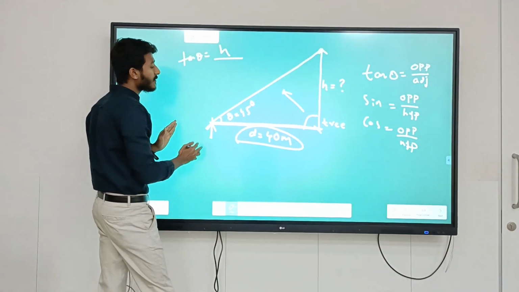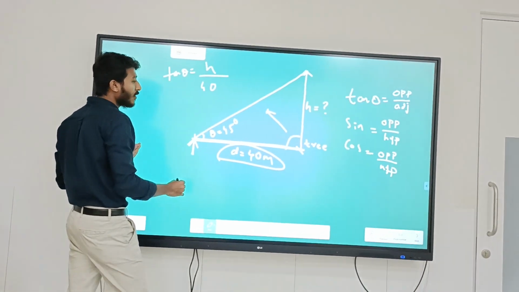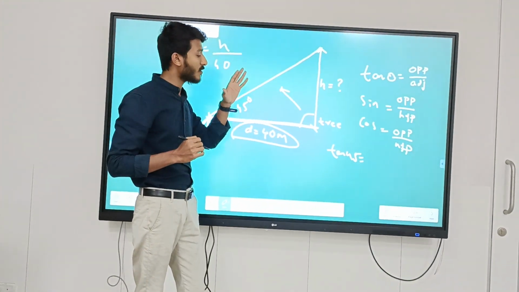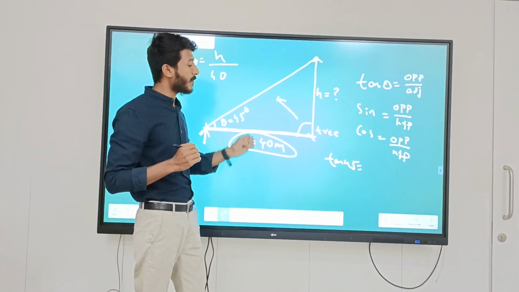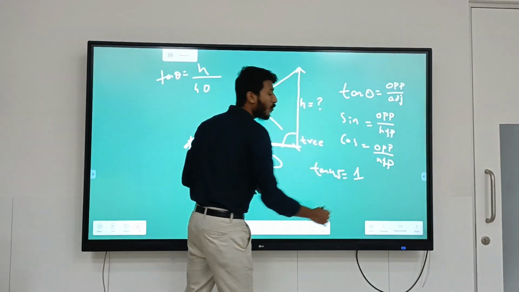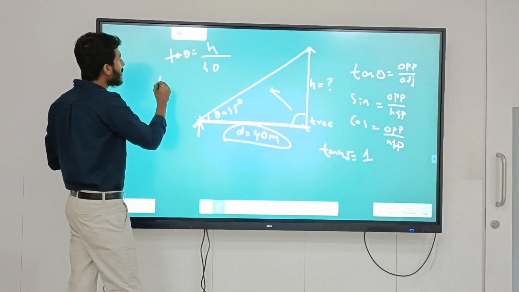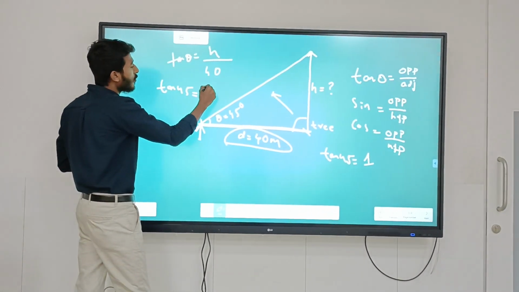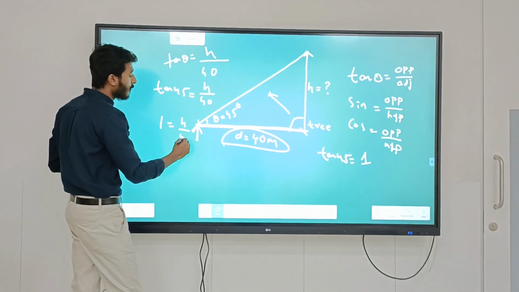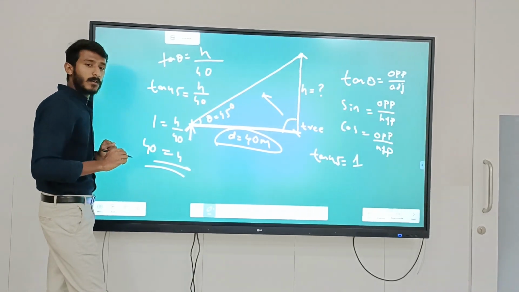We know the value of tan 45, that's equal to 1. So tan 45 is the ratio of h to 40. 1 is equal to h by 40, and h is simply 40. That's so clear. You got the idea?